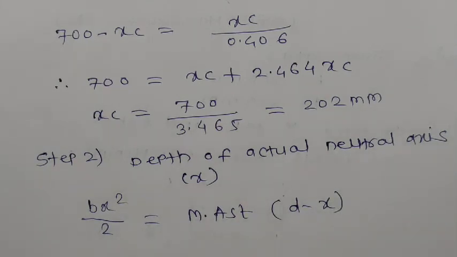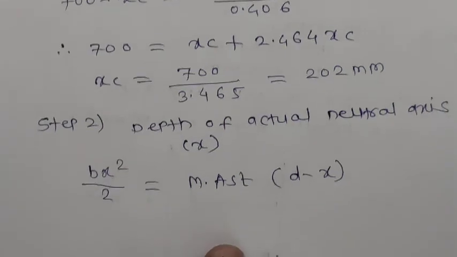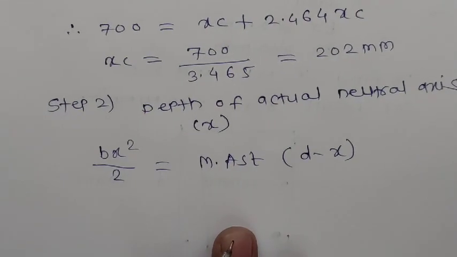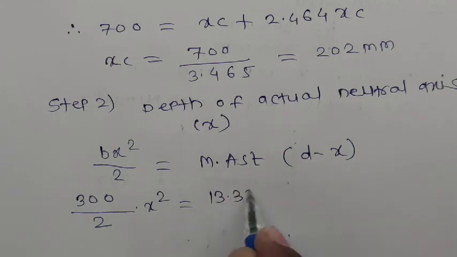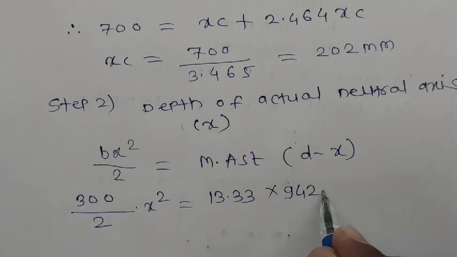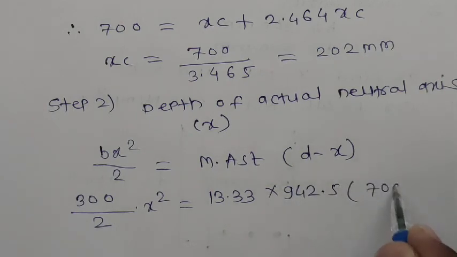Then 300 divided by 2 into x square is equal to 13.33 into 942.5 into 700 minus x.